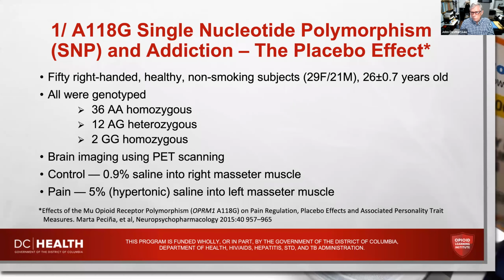They were 29 female, 21 male, and they were fairly young and healthy. So they genotyped them. That means they looked to see what was the state of their DNA. And they found that 36 were what, for want of a better term, we'll call the usual or the normal, but 12 were heterozygous for this SNP, and 2 were homozygous.